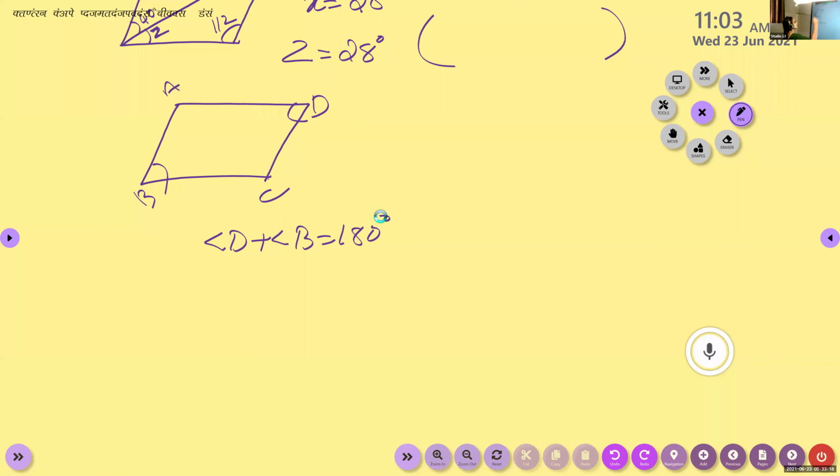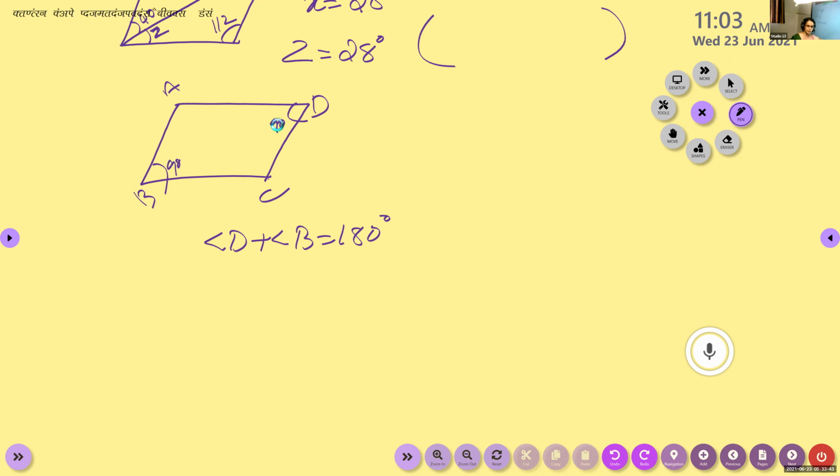This figure is in your book. You just draw a figure. If angle B and angle D are equal, for which measure are they equal? 90 degrees. If it is 90 degrees, they are equal and their sum will be 180, but not always.